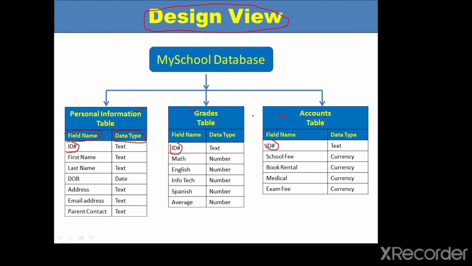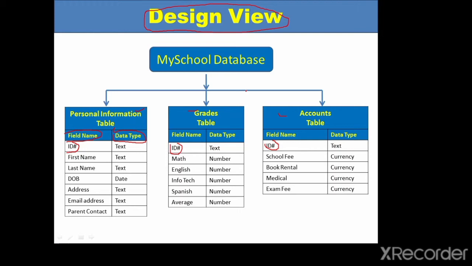Now, bear in mind, within a database, for example, a large organization, just like in a high school, different persons might require different access to information. Not everybody will be given the same access to all the information.